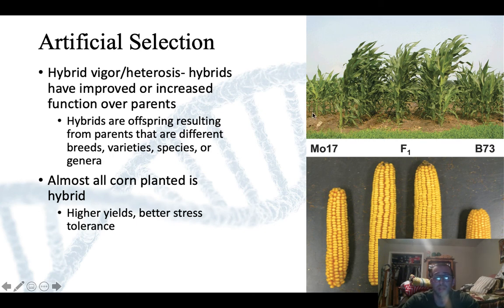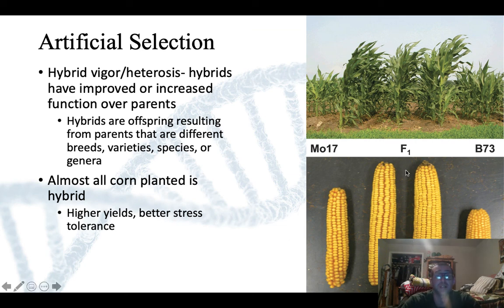You take one parent that is homozygous for traits, you take another parent that is homozygous for traits, and you cross them together to create a bunch of heterozygotes. And those heterozygotes, or those hybrids, have improved function over both parents. And we see that with corn. Almost all corn that is planted is hybrid corn.